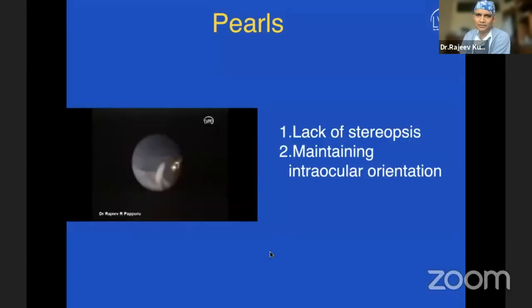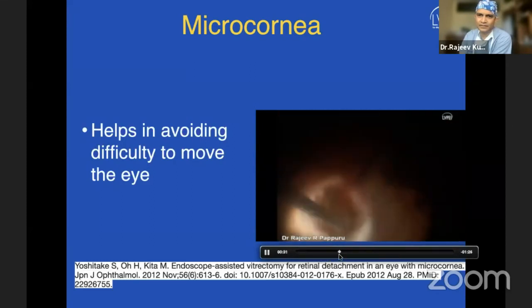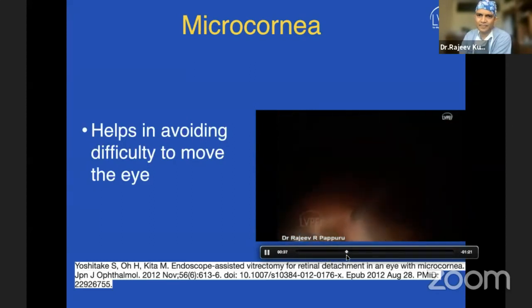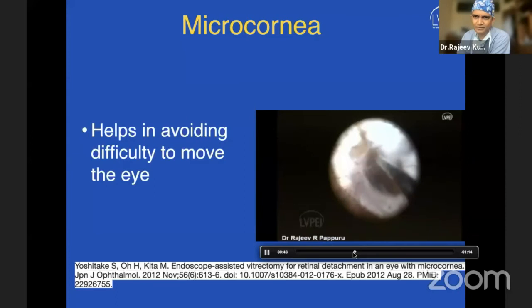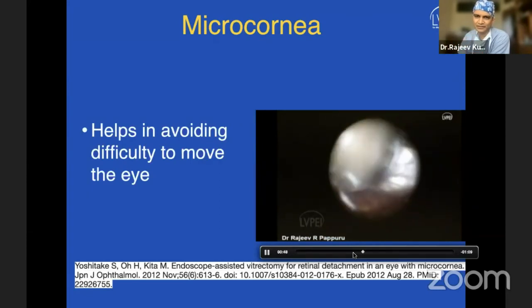So when you see here, till now I was struggling hard, and when I changed over to an endoscope, that's the view. There is no movement, and you can actually see everything clearly, and you're able to manage things better.